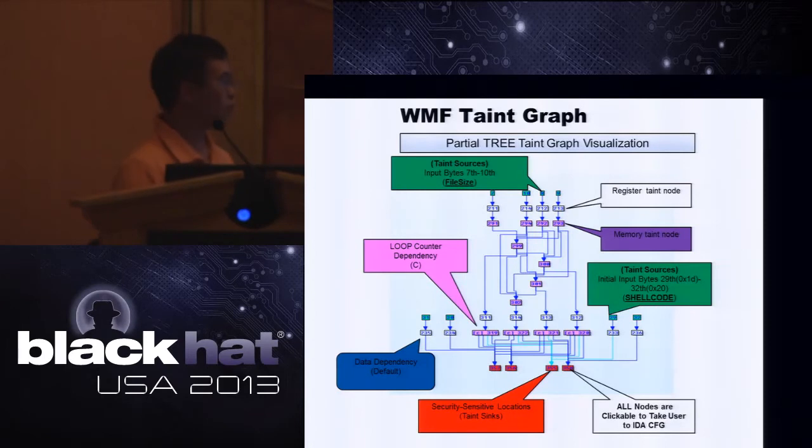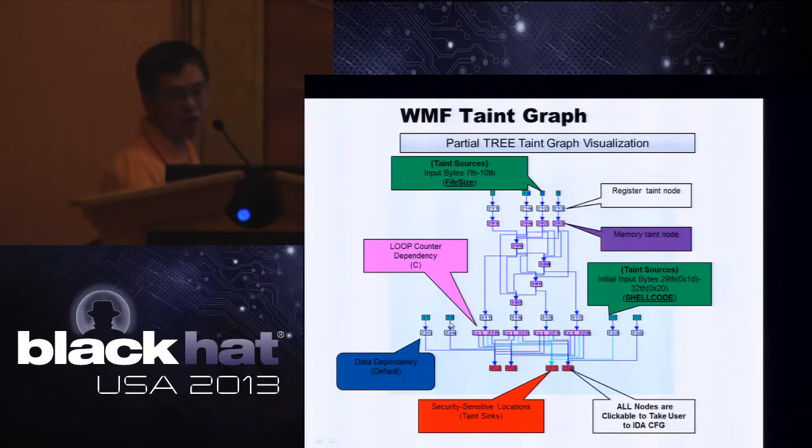This is when the program got an exception from an address that is highlighted here, the red one. Basically, this is 4 bytes, the location the program is trying to execute from, because we have the junk data, so it causes an exception. We can see this 4 byte value depends on 4 input bytes.